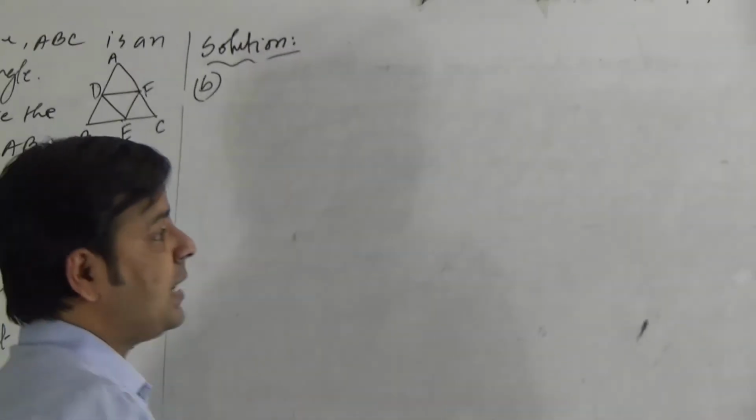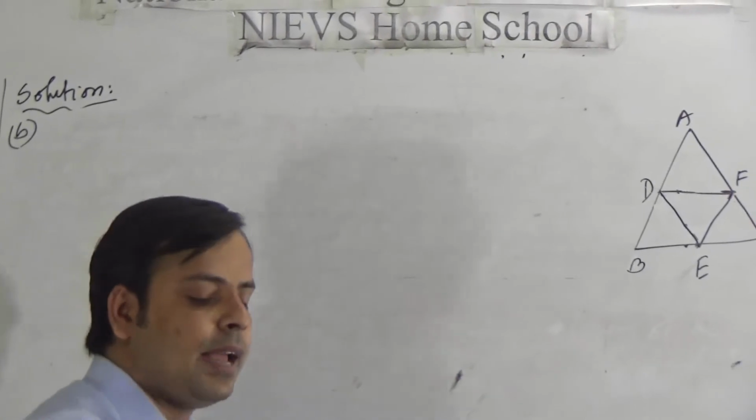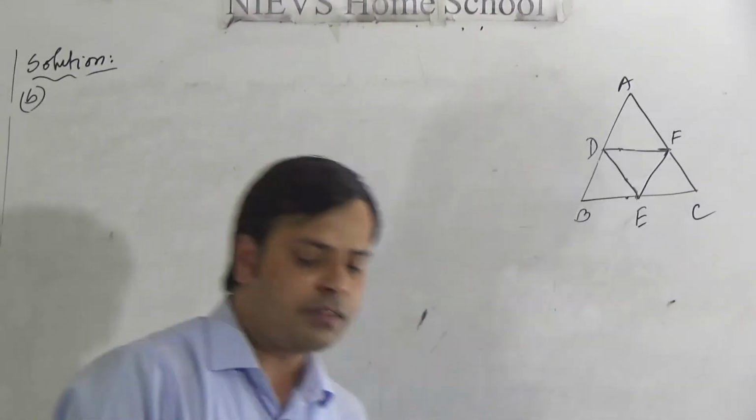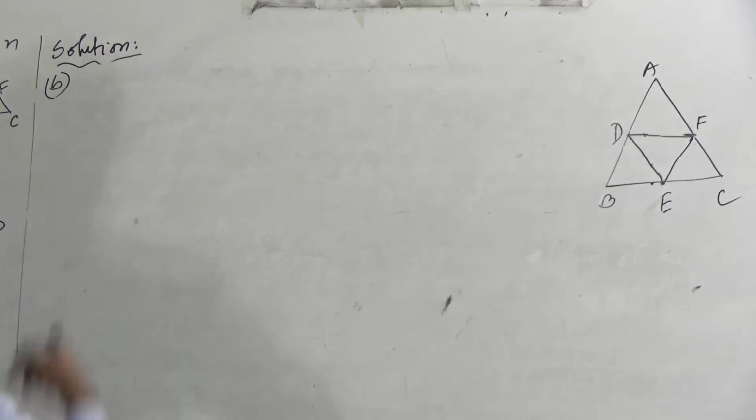Dear students, we can write the given information here. In the figure, ABC is an equilateral triangle.